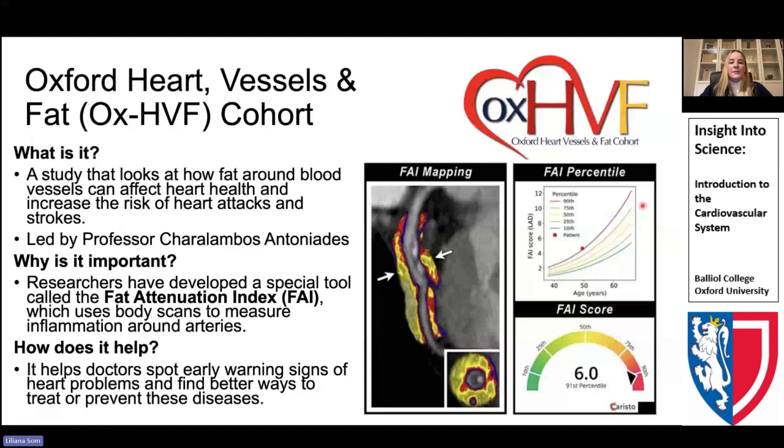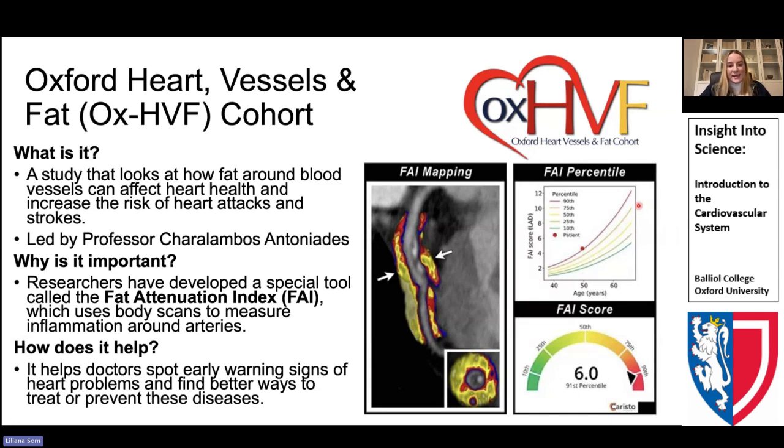And that means they take different samples from the patients and they do different imaging techniques. So they have compiled a huge database of a large number of patients that can be used to study cardiovascular diseases.